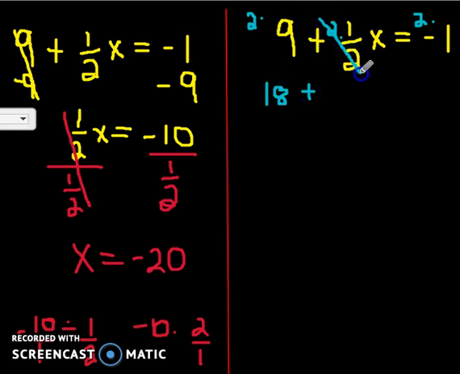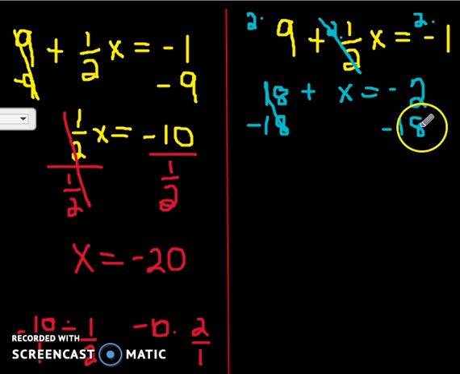The 2's cancel out, so I'm left with x. 2 times -1 is -2. Now I'm just going to isolate my variable. I have 18 here, so I'm going to take away 18 from both sides. -2 take away 18 is -20.